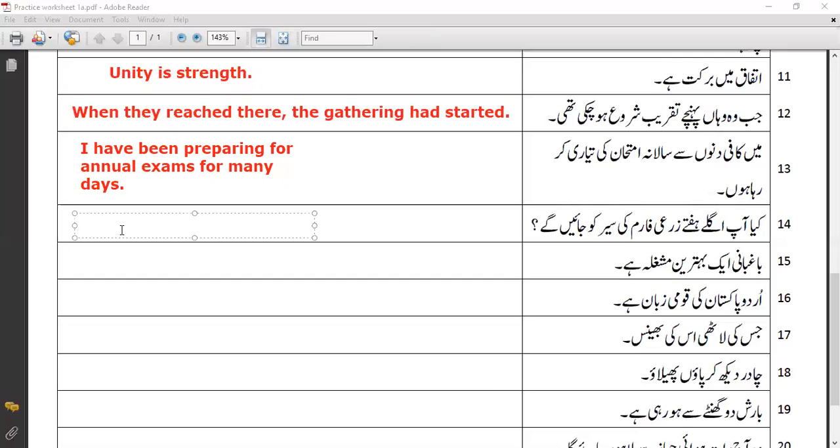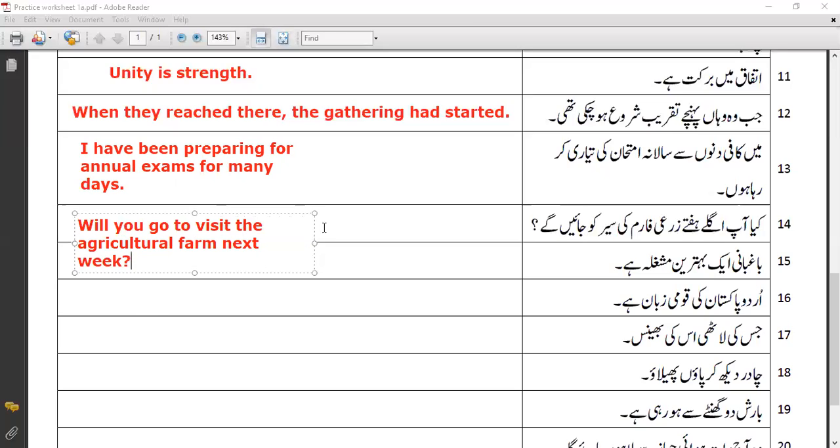Now here will, जाएंगे, or you can say go, or will you visit, okay, will you go, or you can write will you go to visit the agricultural farm next week. All right, and it's a question mark.